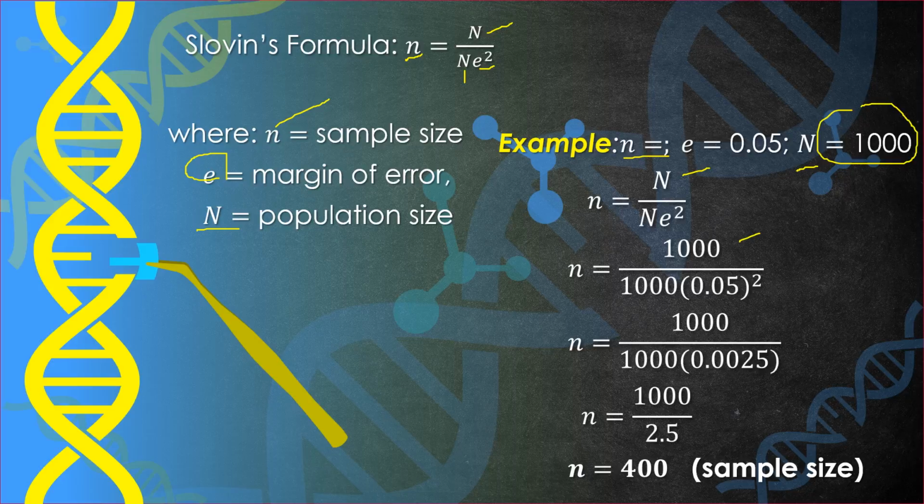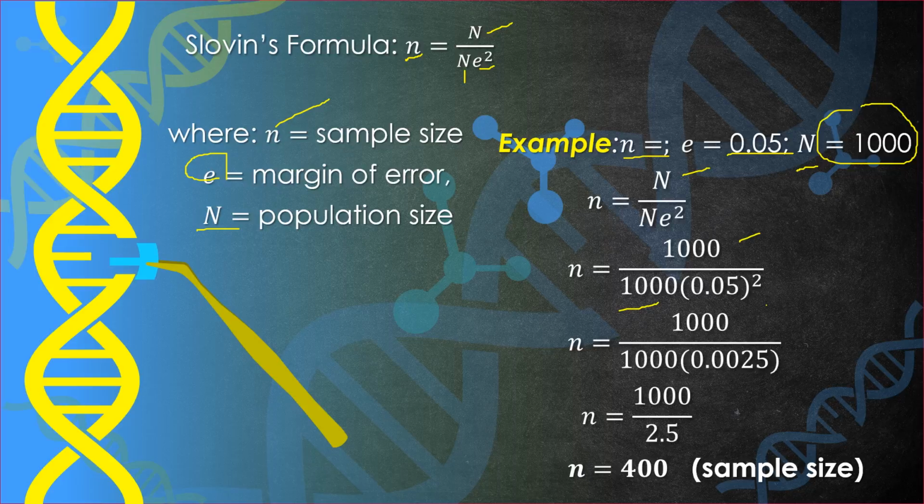Then 1,000 multiplied by 0.05, because our margin of error is 0.05, squared. What we do first is square 0.05, that is 0.0025. Then 1,000 multiplied by 0.0025 is 2.5.